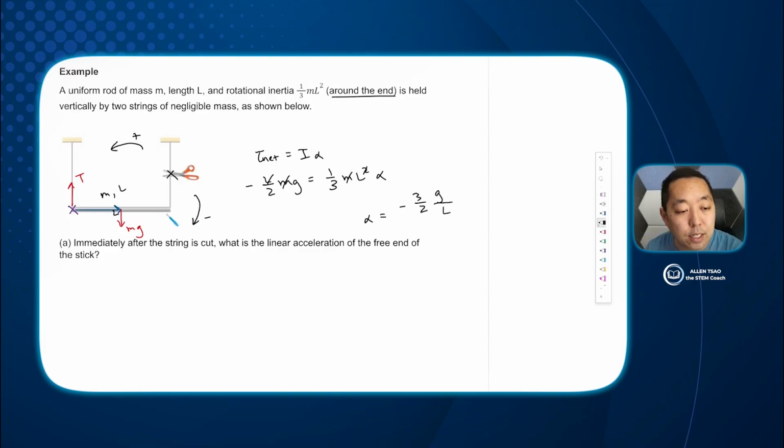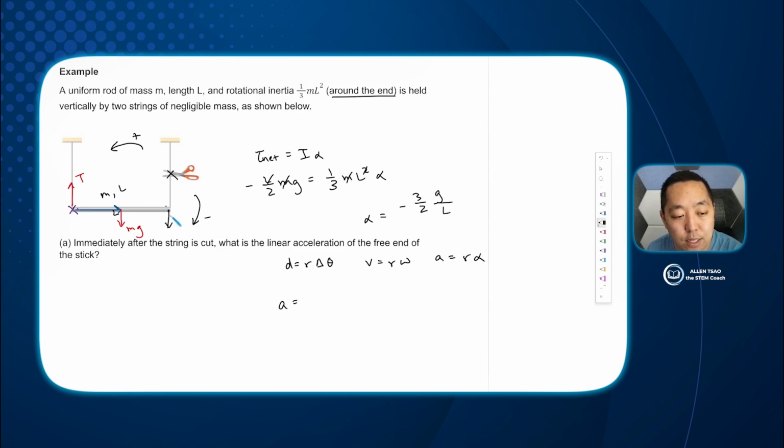Now, what about the linear acceleration at the end? Remember when things are spinning, we had those tangential accelerations. How they're connected is that the distance was equal to r times the angular displacement. The linear velocity was r times the angular velocity, and the linear acceleration is r times the angular acceleration here. So the linear acceleration is going to be the distance from the axis of rotation.